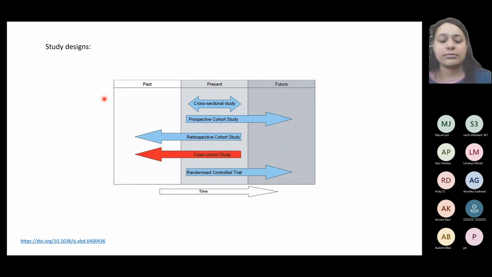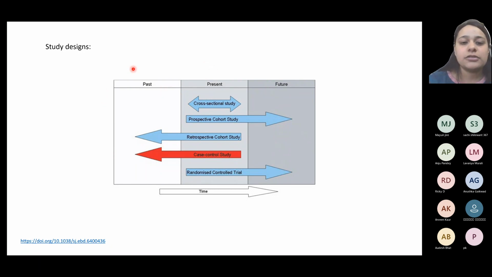Okay, first let me explain this particular illustration. Over here, past, present, and future represent the time, the timeline. And these are several study designs, for example, cross-sectional study, prospective study, retrospective cohort study, case control study, or randomized controlled trial.